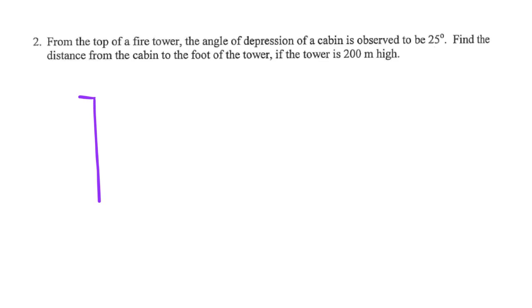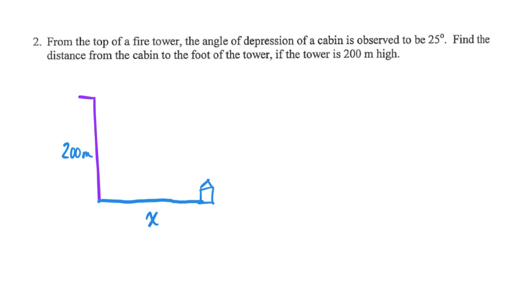So I have a cabin over here, and this is about as much detail in my picture as I'm going to draw, but that blue cabin. So it says find the distance from the foot of the tower to the cabin. So that is this distance. I'll call it x. If the tower is 200 meters high. It's a tall tower.